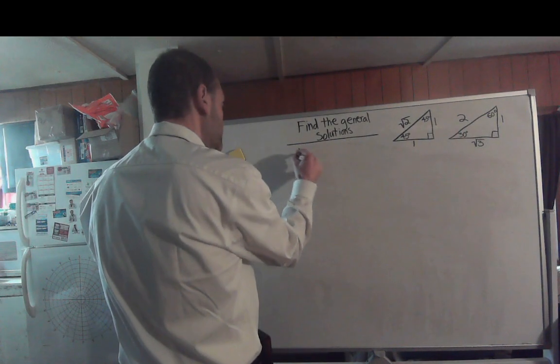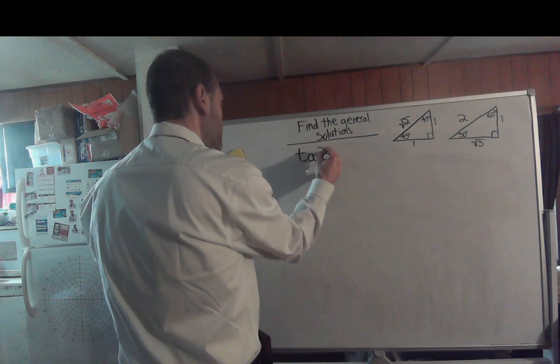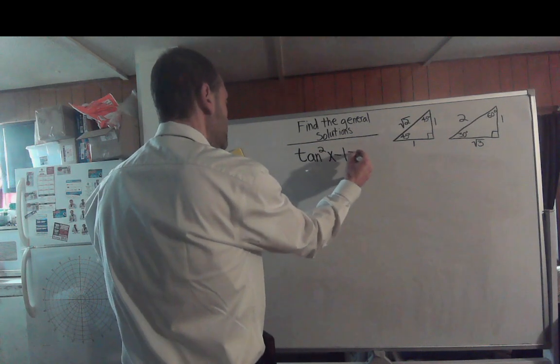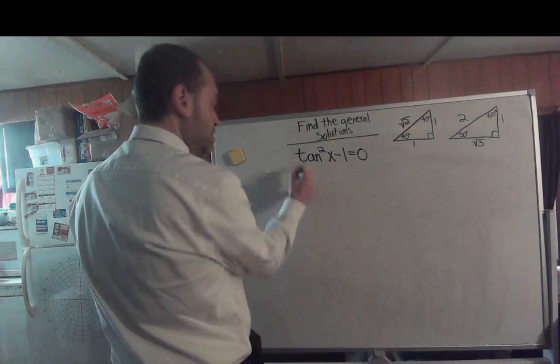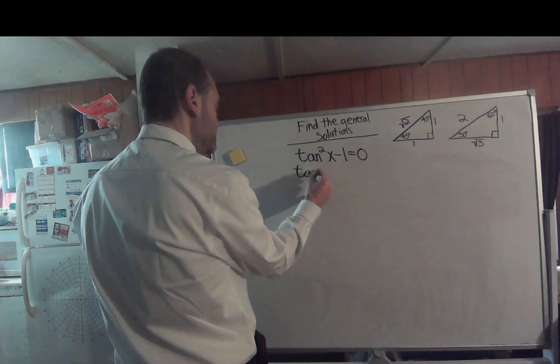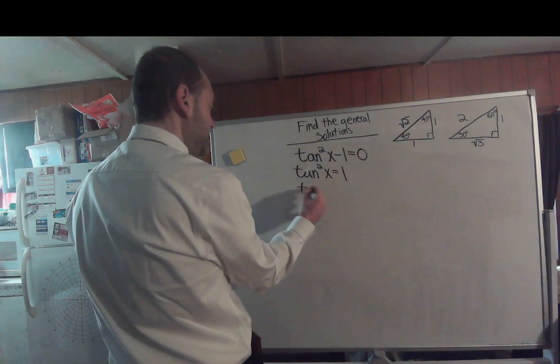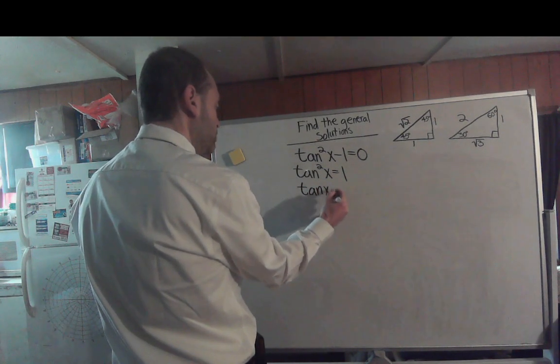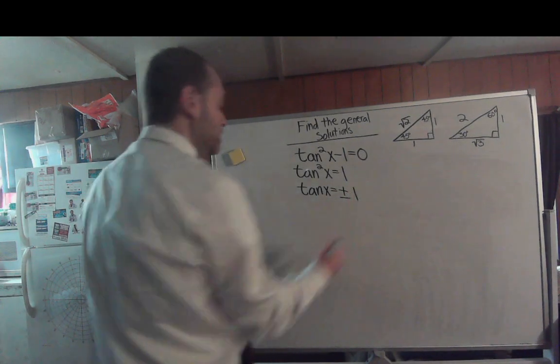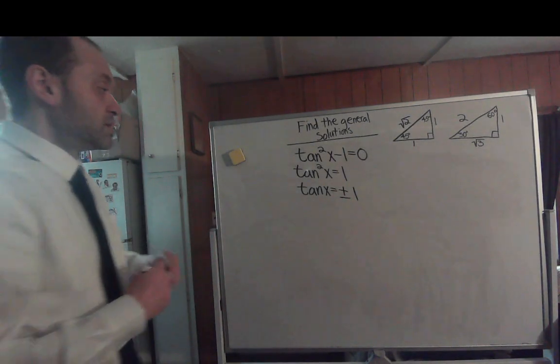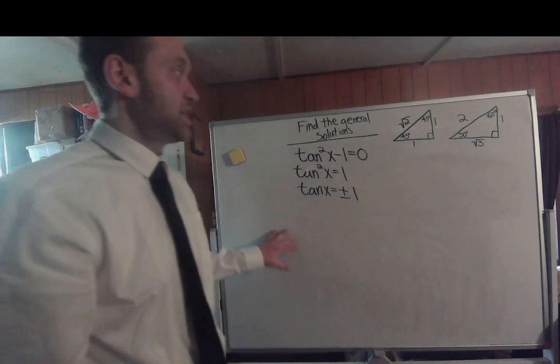Alright. Tangent squared of x minus 1 equals 0. So this would turn into the tangent squared of x equals 1. So the tangent of x would equal both plus and minus 1. So what reference angle gives you a tangent of 1?